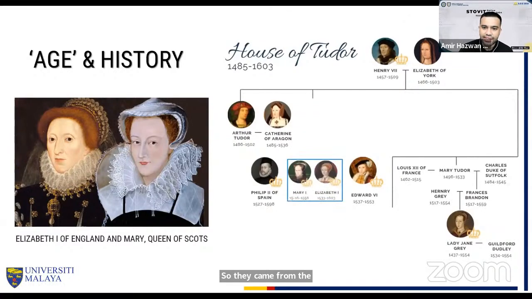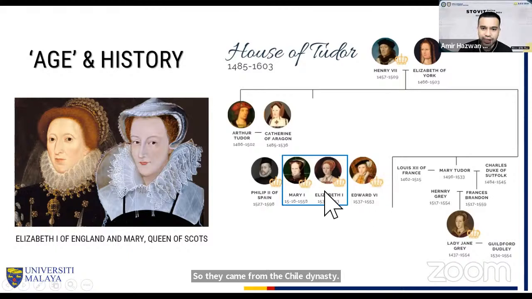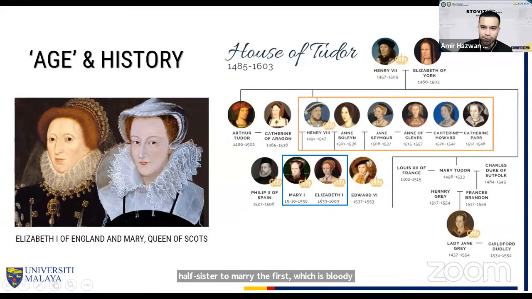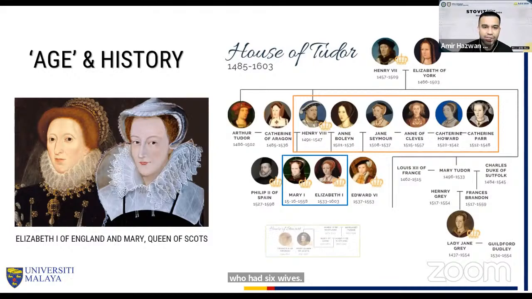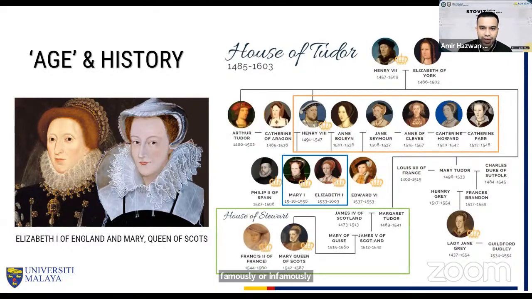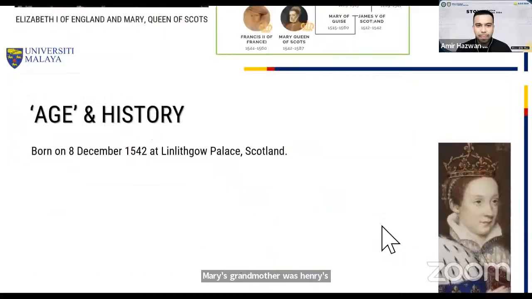How are they related? First, Elizabeth was half sister to Mary I, which is Bloody Mary. And Elizabeth was the daughter of Henry VIII, who famously or infamously had 6 wives. And how Mary was related to Elizabeth is that Mary's grandmother was Henry's sister. So that's how they were related.